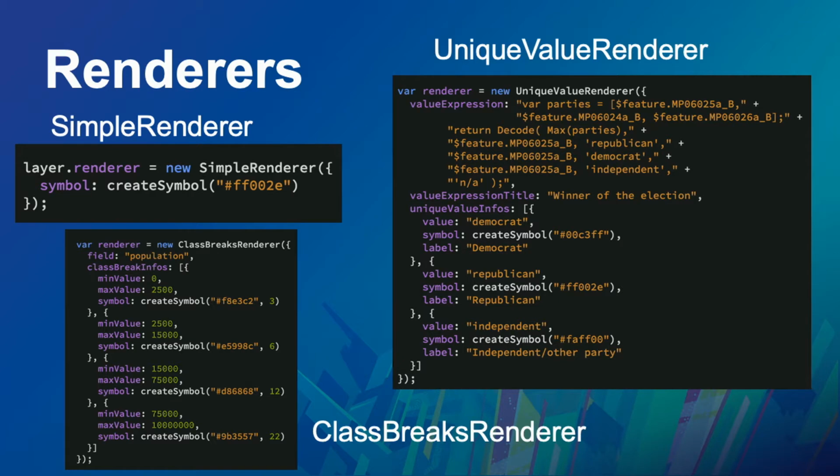In this case, I'm writing a pretty straightforward Arcade expression where I'm grouping those into an array, and then I'm saying I want to find the maximum and match that max with the appropriate label. And then you see in the unique value infos that I match that label with a different color. And so that's how you can achieve a pretty basic election map using Arcade.